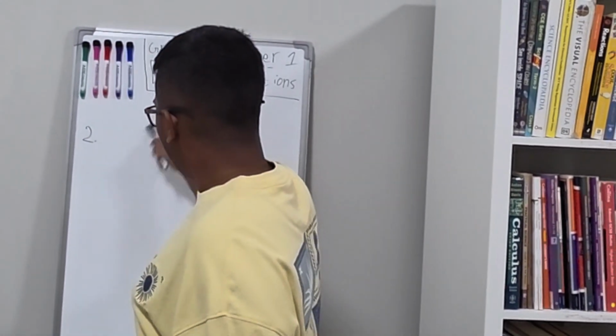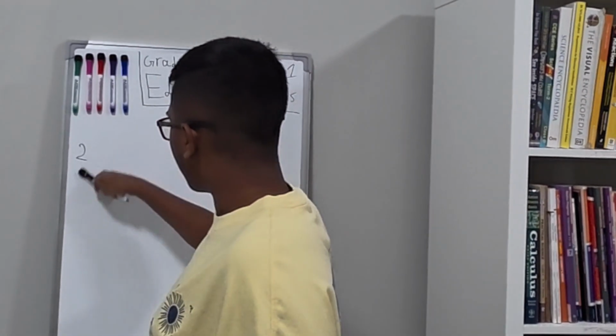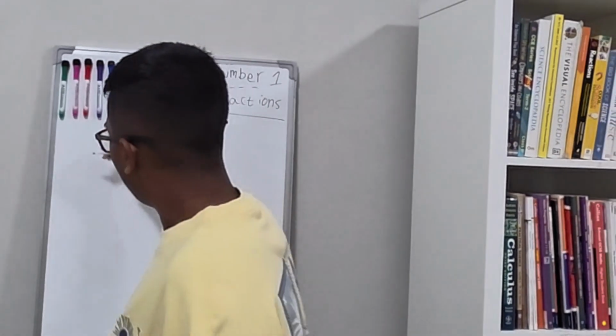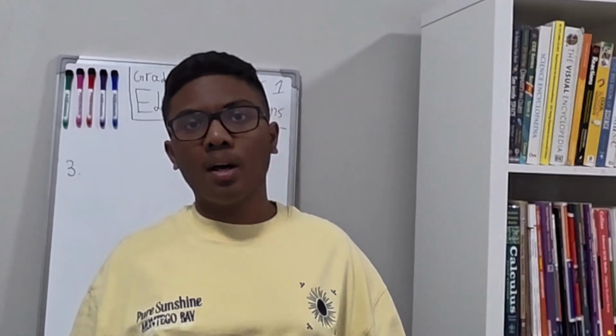And last but not least, the third type, mixed fractions. So, mixed fractions, or mixed numbers as they are usually called, you can call them either one, they're both correct, are usually comprised of a whole number and a fraction.